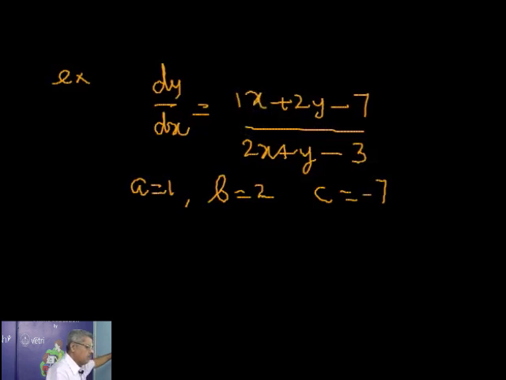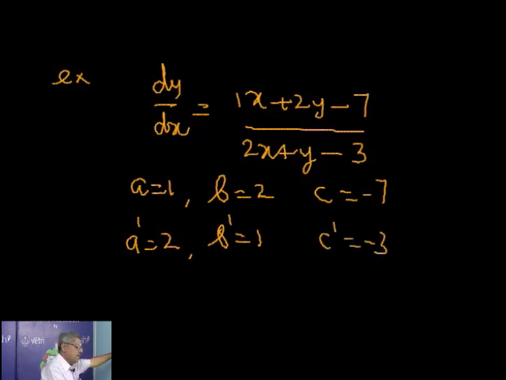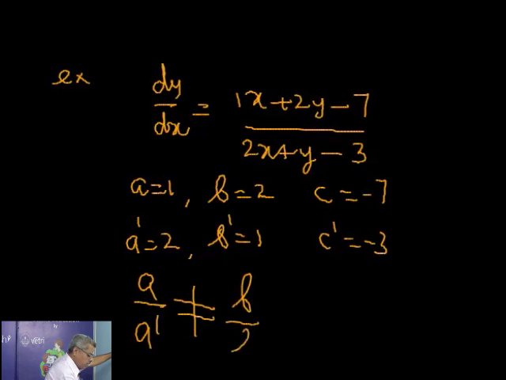In the denominator, a dash is 2, b dash is 1, c dash is minus 3. We observe that a by a dash is 1 by 2, b by b dash is the reciprocal, 2 by 1. They are not equal. We want only this condition. If this condition is satisfied, it comes under type 2, non-homogeneous type.